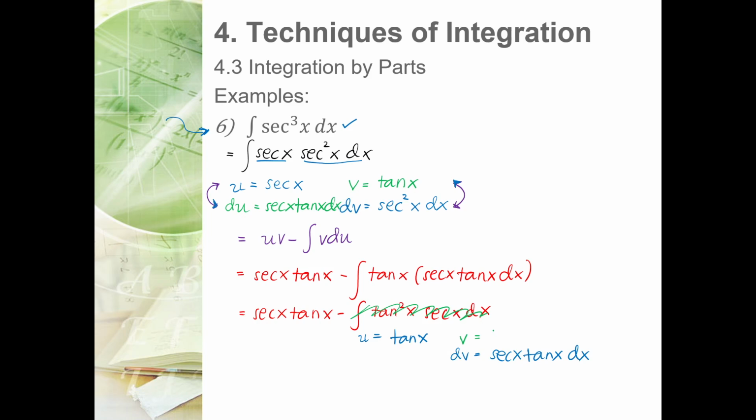So v, I think the derivative of the integral of sec x tan x is secant x, right? And then the du for this one is secant squared x dx. Okay, let's try that way.